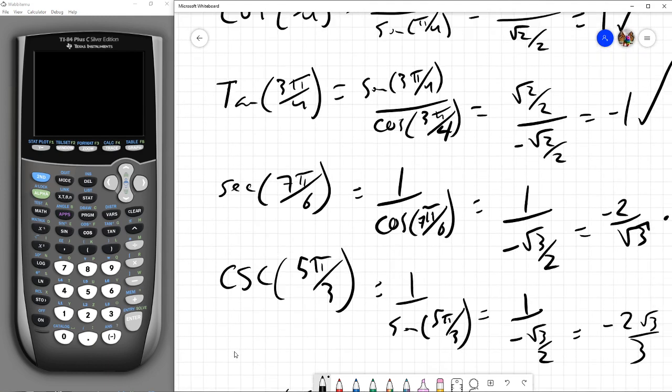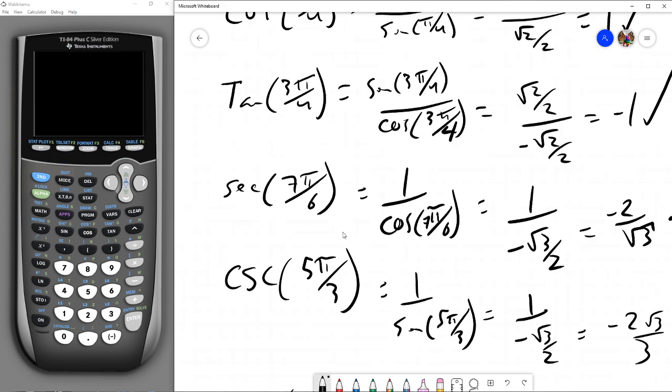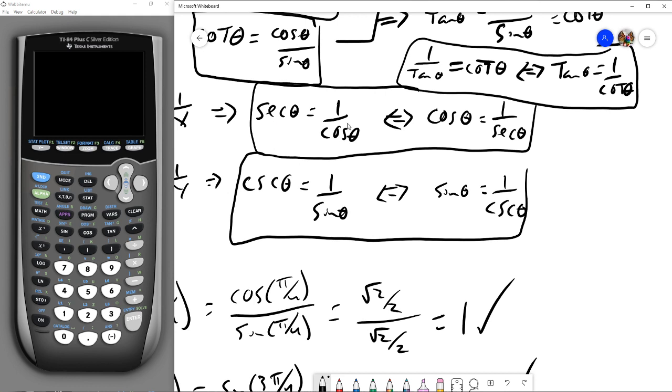And then lastly but not least, a great way of keeping track of sine and cosine, secant, cosecant, because we know secant is 1 over cosine, cosecant's 1 over sine. How do we keep track of that?